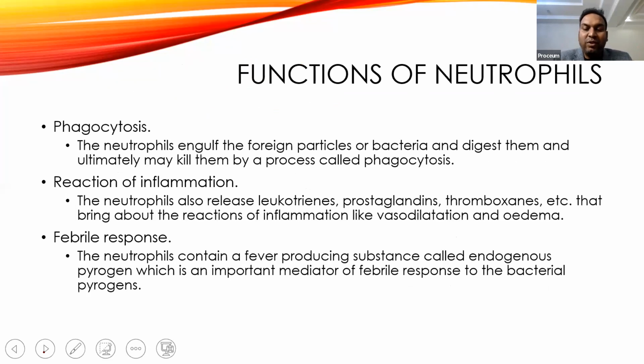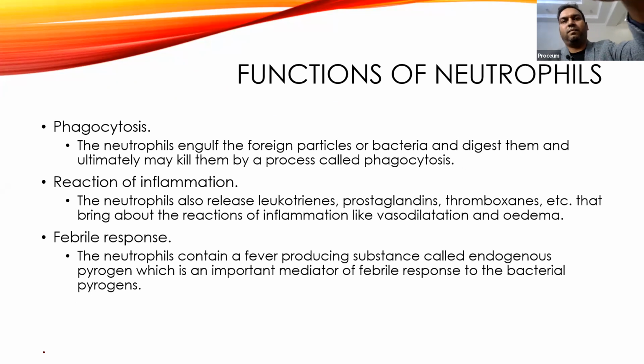Then come to the functions of the neutrophil. One of the most important functions of the neutrophil is phagocytosis. We already discussed this in transport across the membrane. It is equal to cell eating.